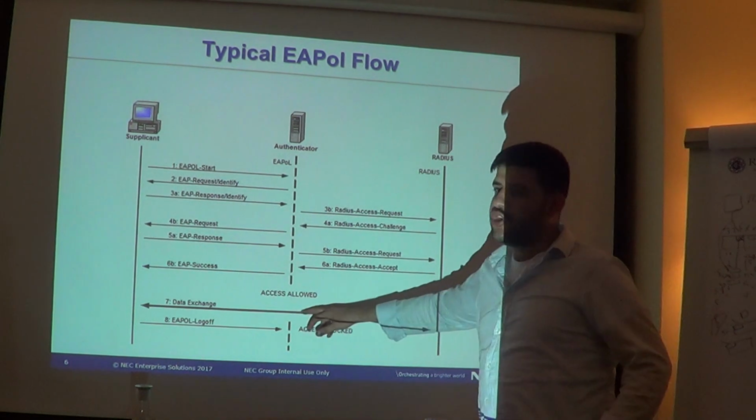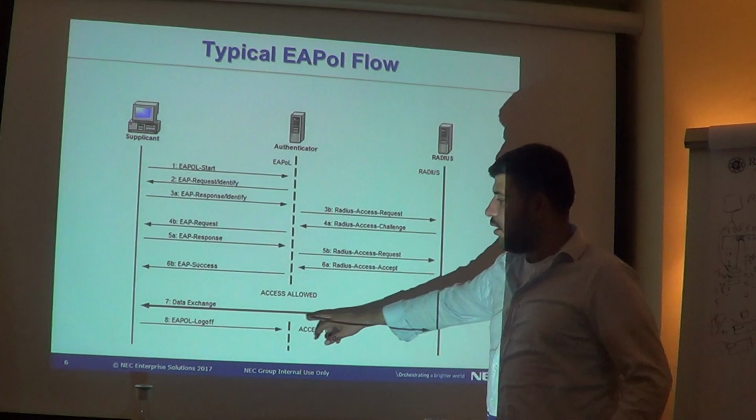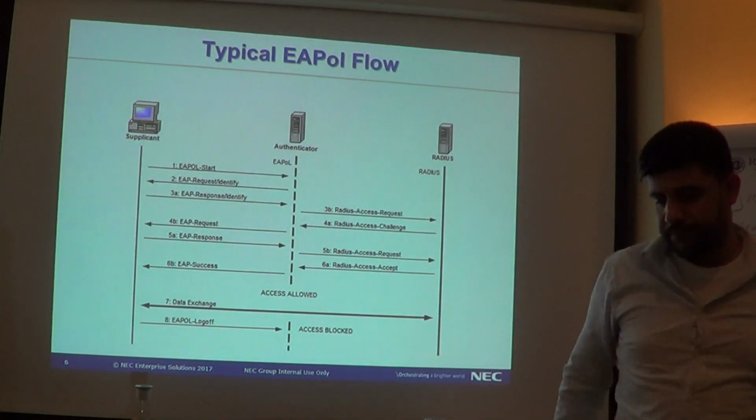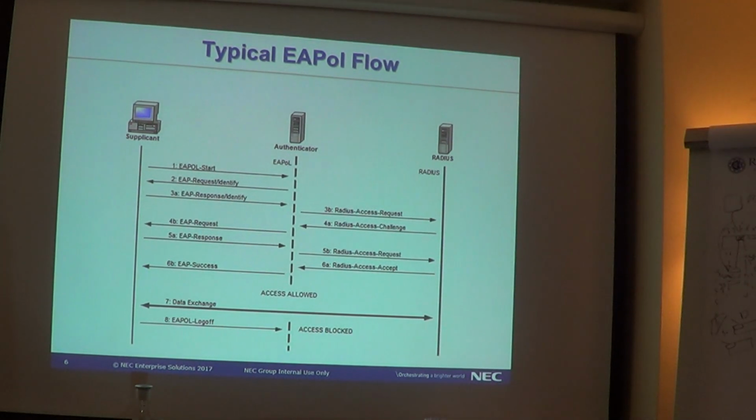After that, data exchange is allowed. If not allowed, it is not accessible. Three-way. Yes. This is for most enterprise networks. They start to implement this kind of device because they want to avoid any unauthenticated supplicants, like phones, mobiles, anything.